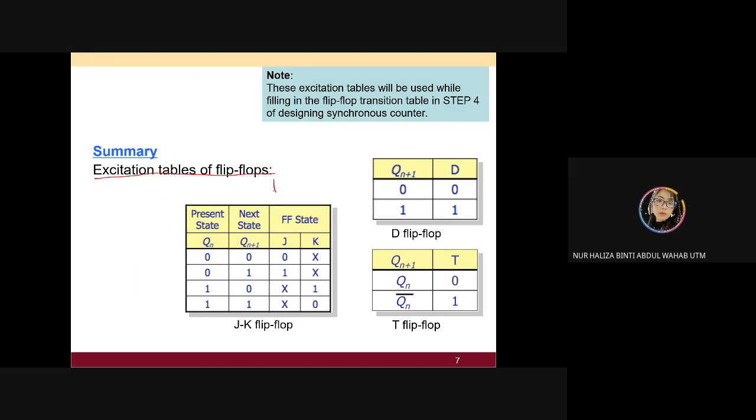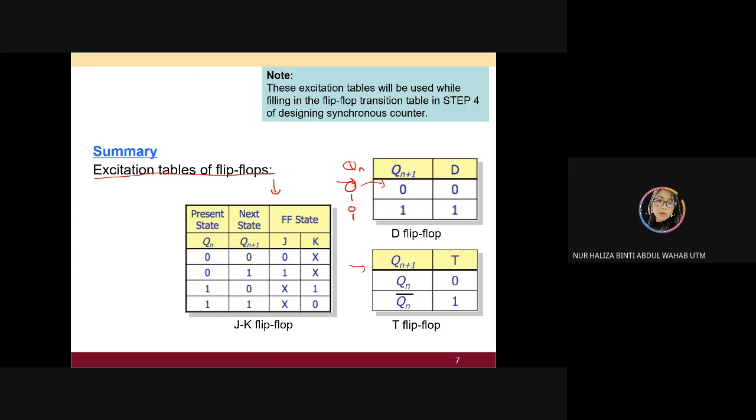Okay, this is a table you already created just now. And what happens if you do it for your D flip-flop and another one, T flip-flop? You're going to get the output of Q. You're going to look into the conditions: if, let's say, Qn is 0, and your next step, n plus 1, will be 0.